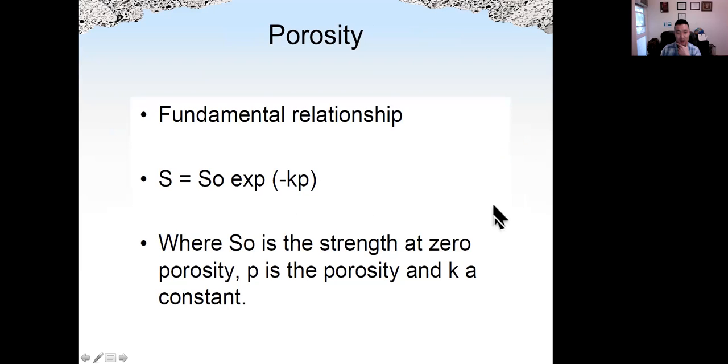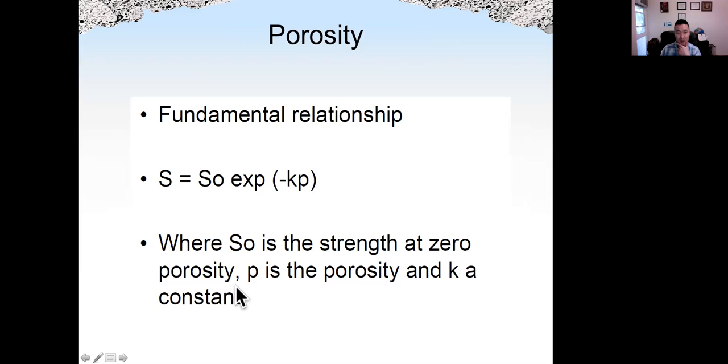The porosity is the most important parameter affecting the strength of concrete. Here, S is the strength of concrete, S0 is the strength at zero porosity, P is the porosity, and K is a constant.